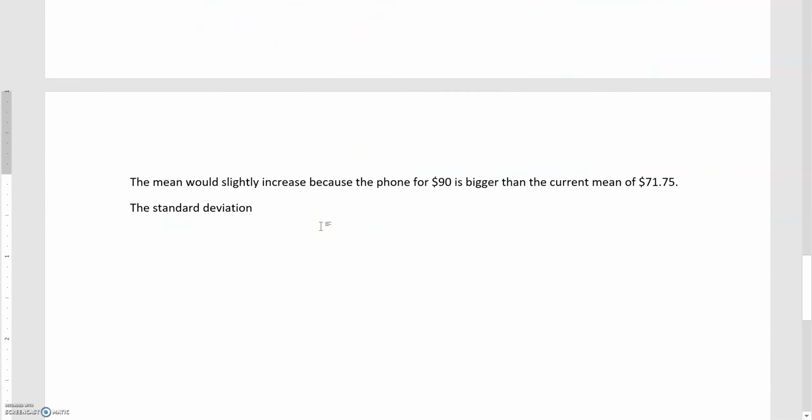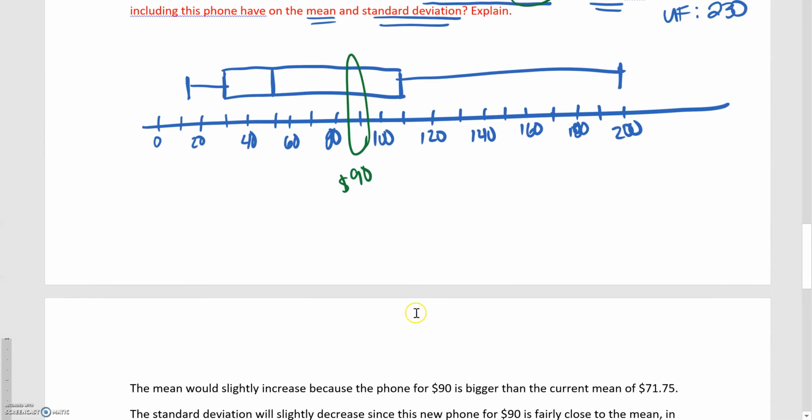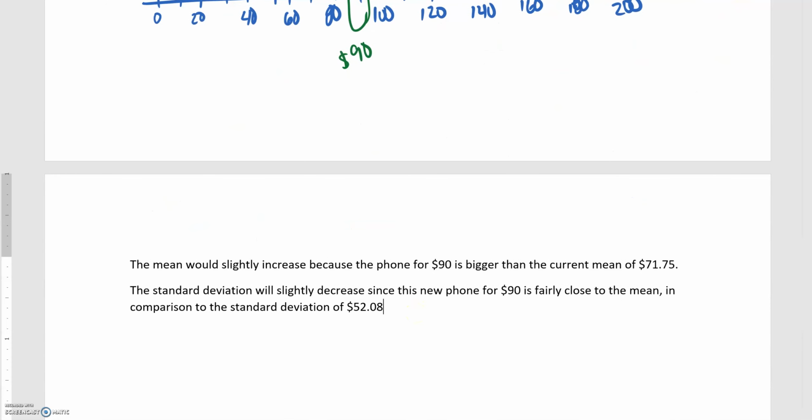We would say the standard deviation will slightly decrease since this new phone, because you want to add context, this new phone for $90 is fairly close to the mean in comparison to the standard deviation of 52.08.